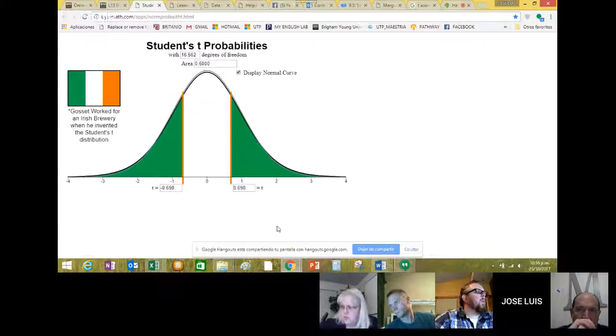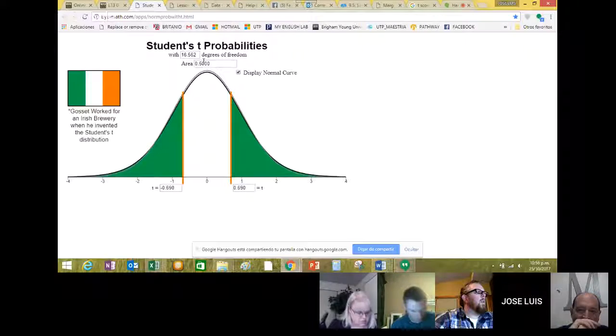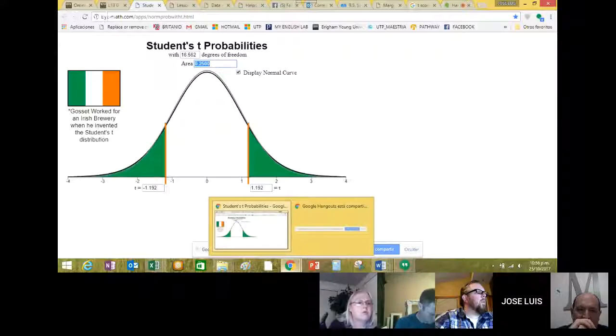Do you get it? Oh, no. Wait. This is 0.25. Okay, the t-score is 1.192. The t-score is positive. You see? Do you get it or no? Mm-hmm.